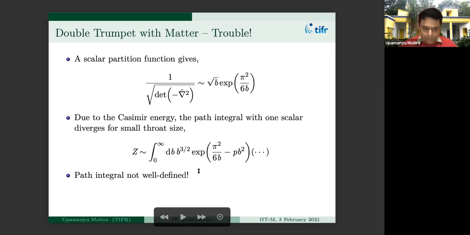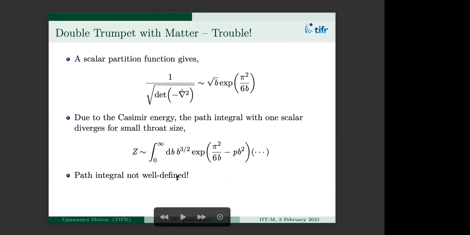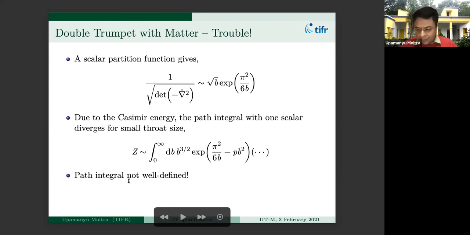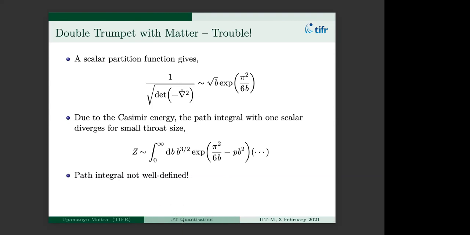What our result at least indicates is that because of this essential singularity, the path integral itself is probably not well defined. I just want to make a small comment: with matter, certainly you should have other effects beyond just linear fluctuations.